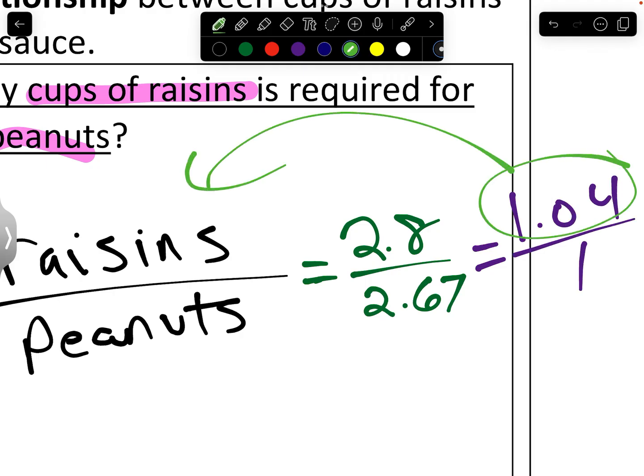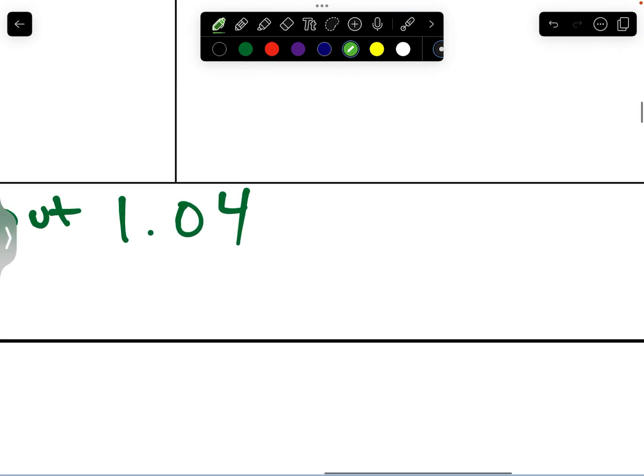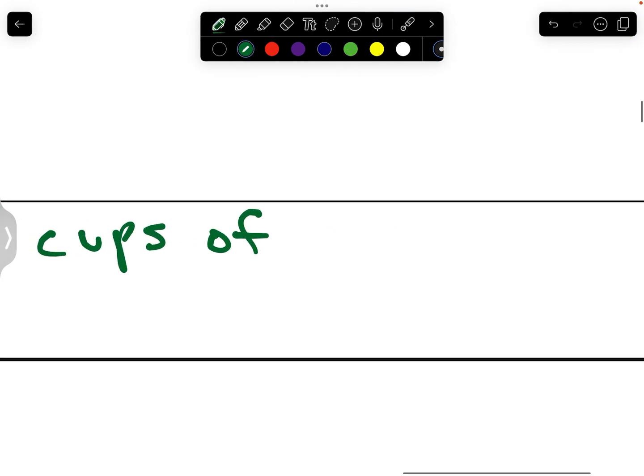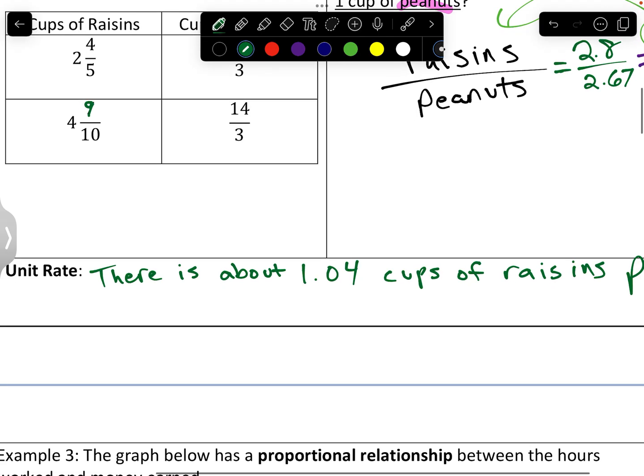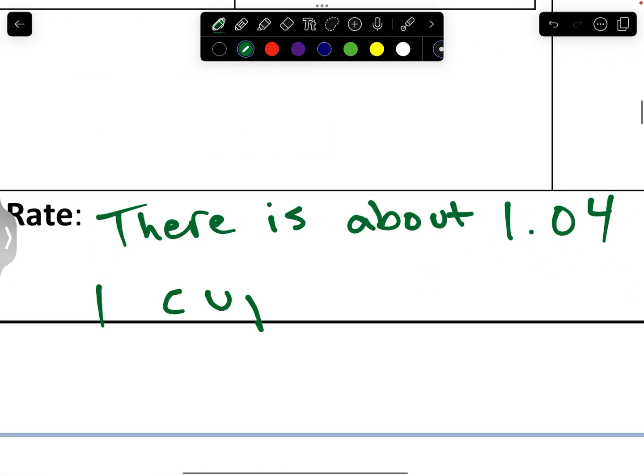So 1.04 cups of raisins per 1 cup of peanuts.